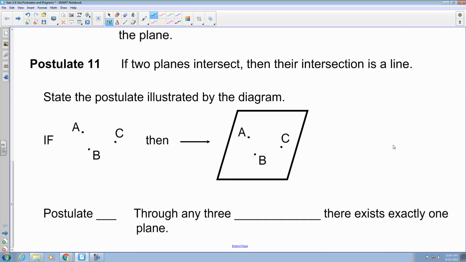So postulate 8 is what that particular diagram is trying to illustrate.